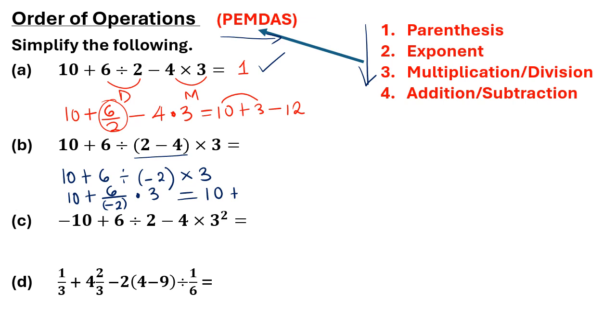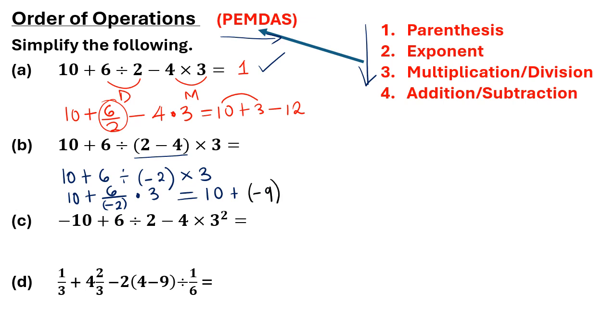So if we do 6 divided by -2, that would be -3, right? So we get -3 times 3. And -3 times 3 will be -9. So I'm just going to go ahead and replace this by -9.